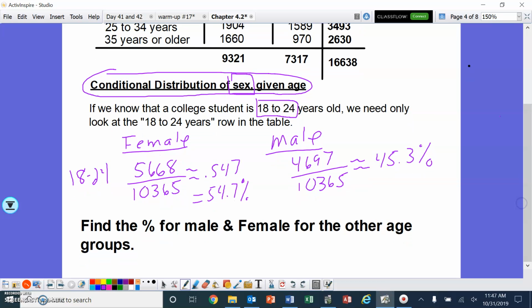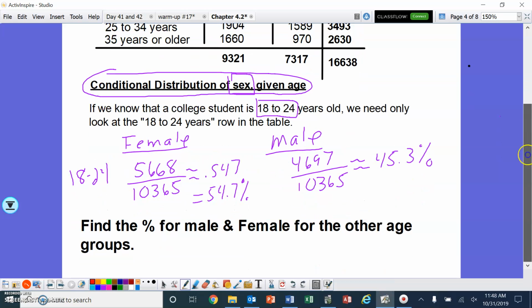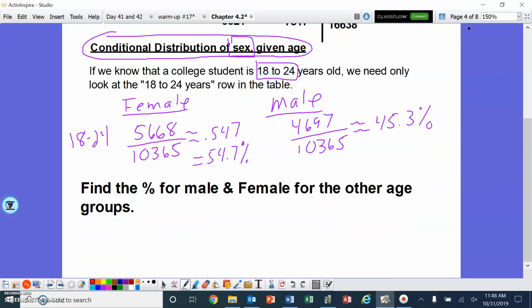All right, so let's go ahead and find it for the 15 to 17-year-olds. All right, so female, male. All right, 15 to 17-year-olds.